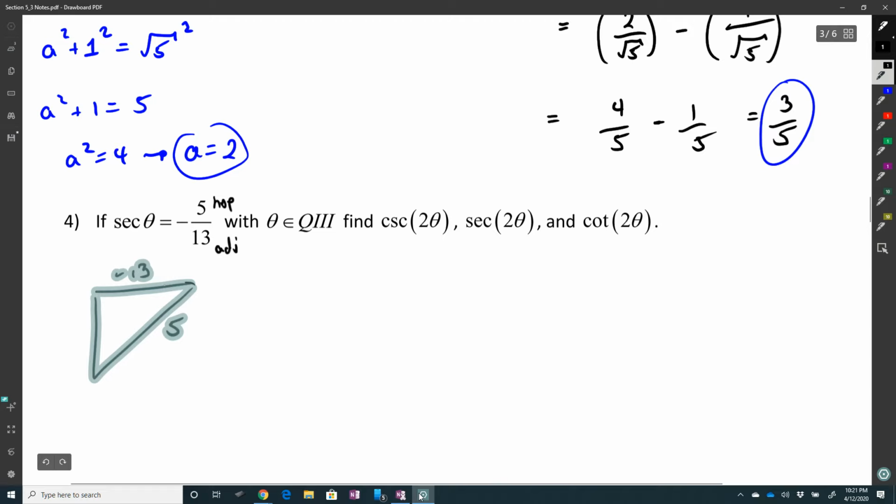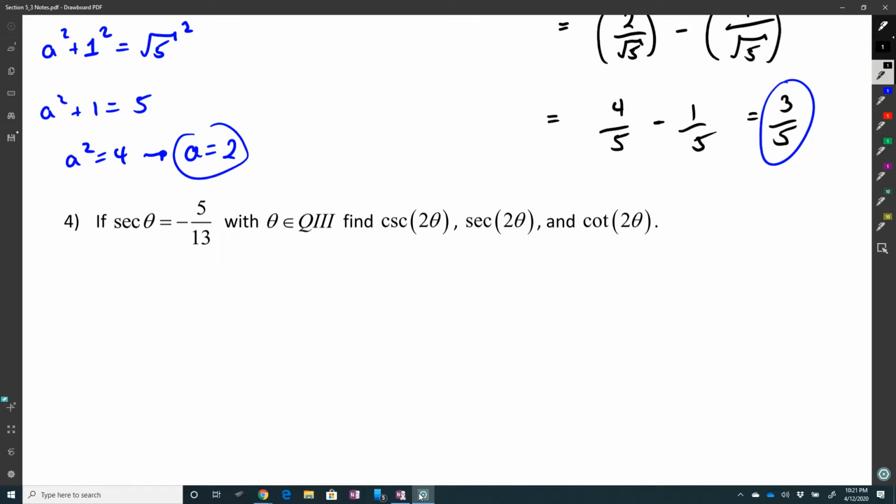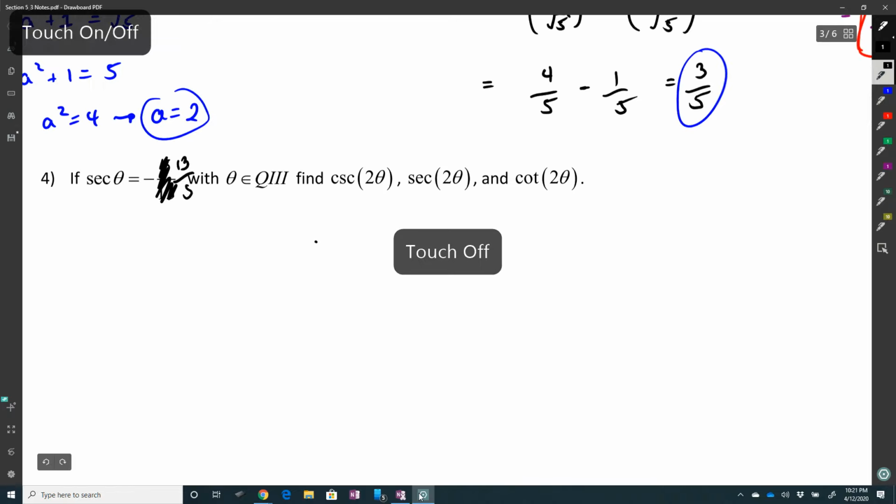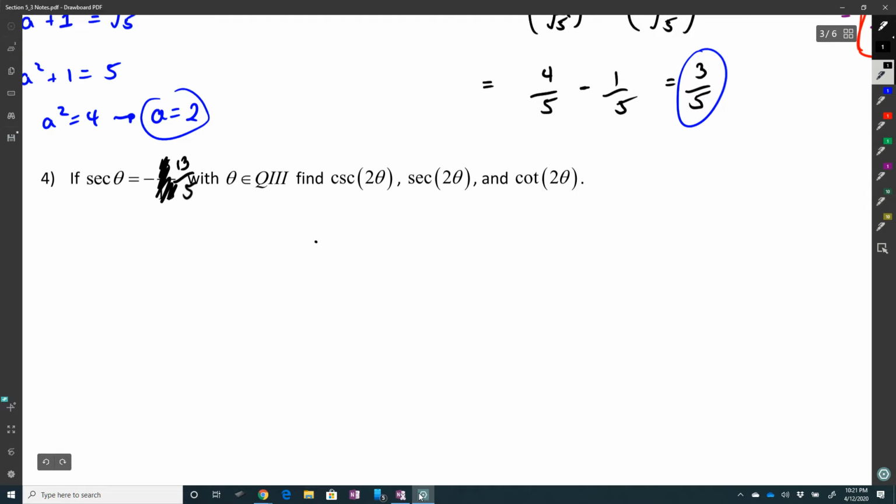So that's a typo. The real thing should say, and I'm going to try to fix it and put the fixed version online before you download it. But it should be negative 13 over 5 is what it should have been. So here I have theta.